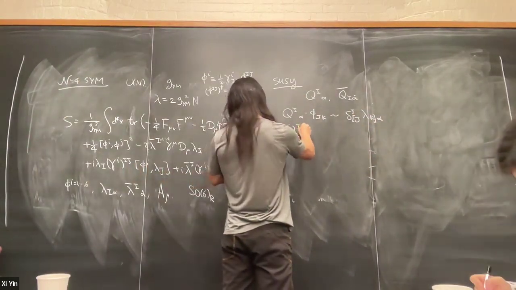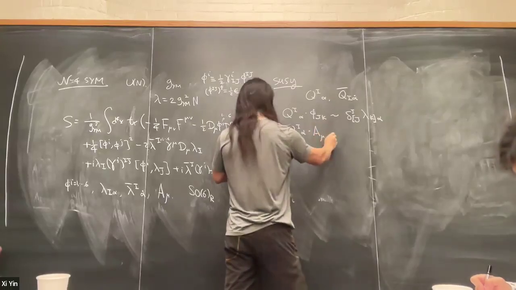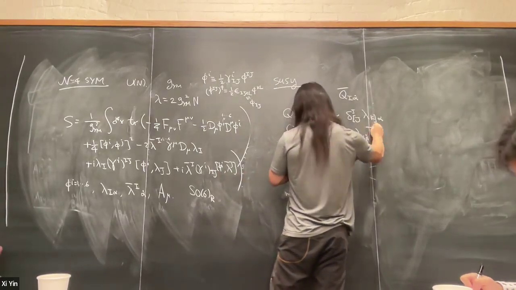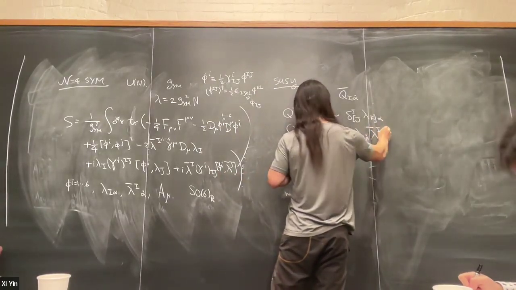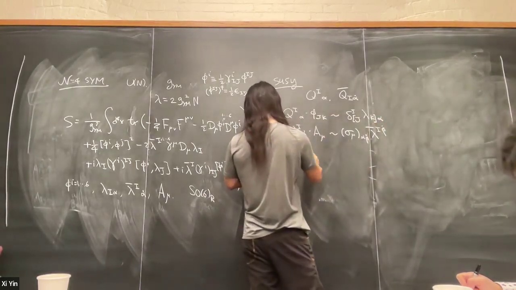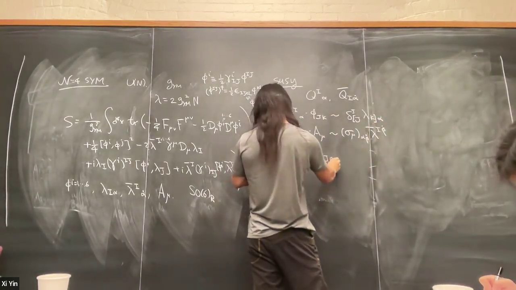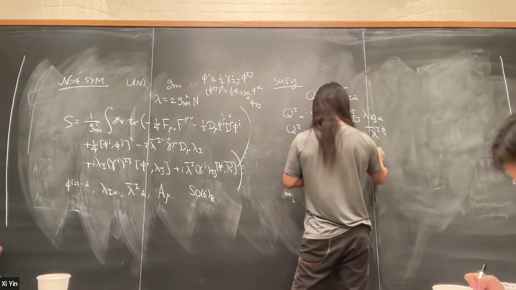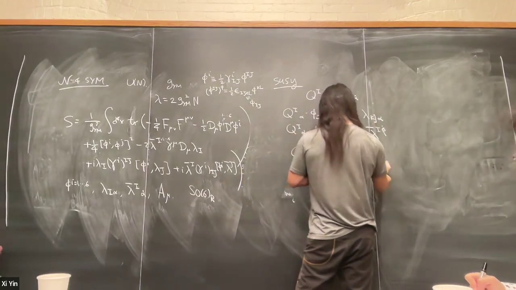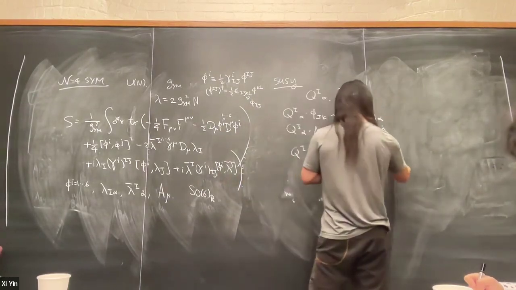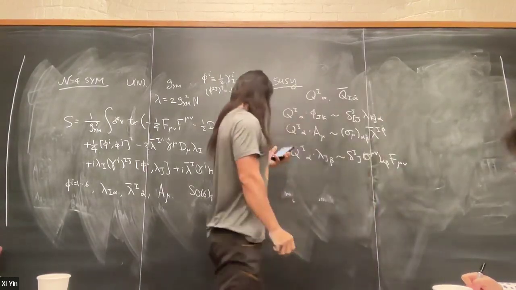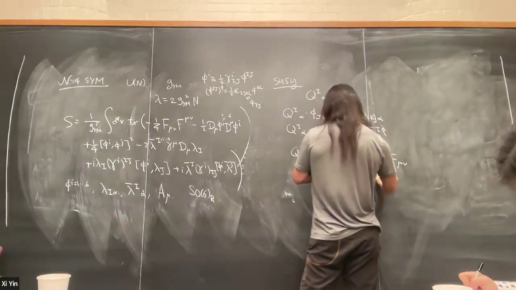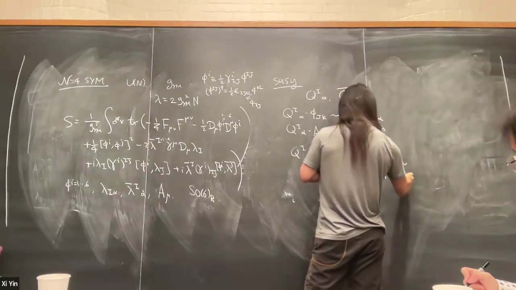Q^I_alpha acting on A_mu goes like sigma_mu alpha beta dot lambda bar^I beta dot. Q^I_alpha on lambda^J_beta is like delta^IJ sigma^mu nu F_mu nu, the usual textbook notation, plus epsilon_alpha beta [phi^IK, phi_JK].